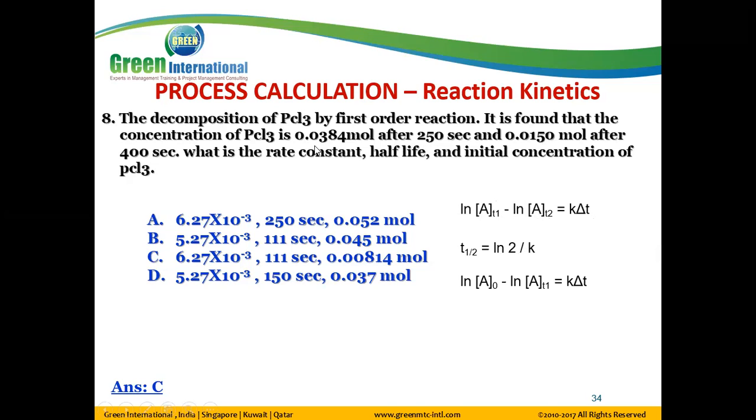Then ln of 0.0384 divided by 0.0150, divided by the 150 seconds, gives your K value. From the K value, you can calculate t half, right? Once I know the K, I can calculate the initial concentration also, using ln A0 minus ln A1 equals K into delta T. If we calculate in that manner, the right answer here is C.